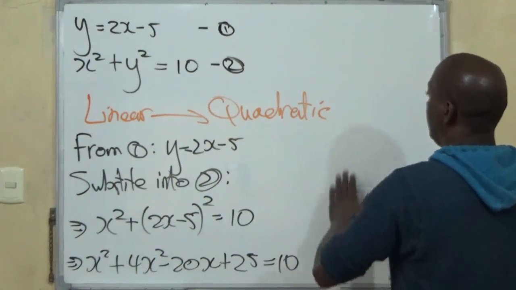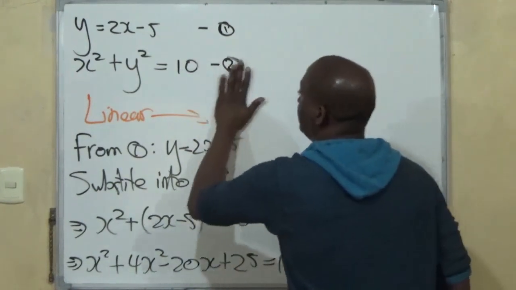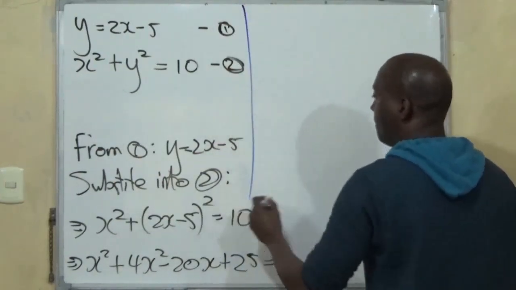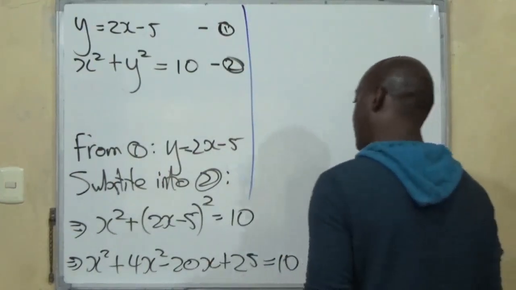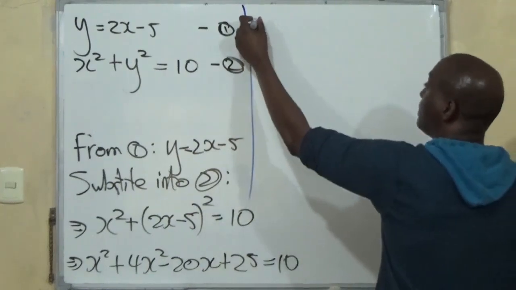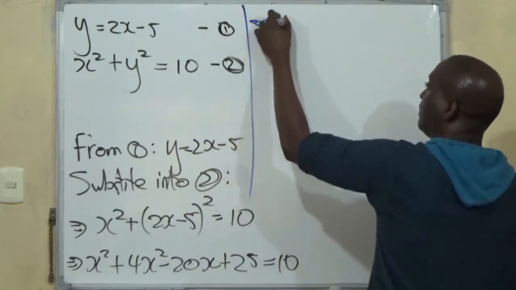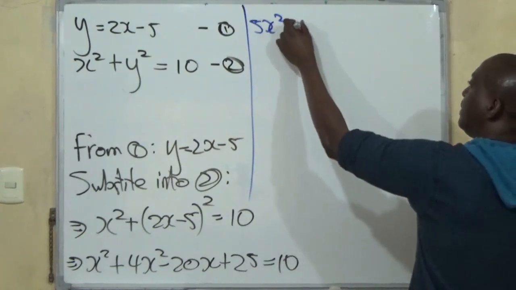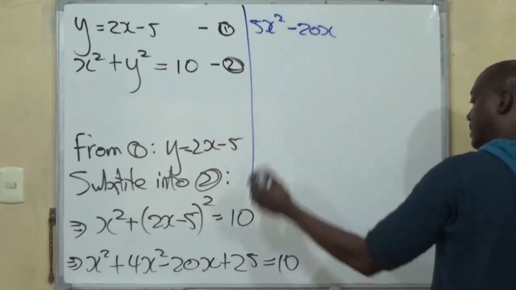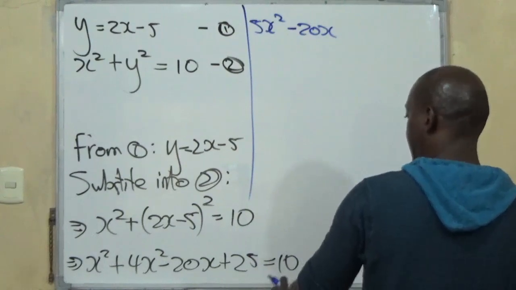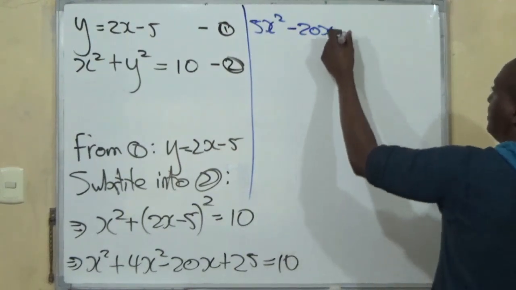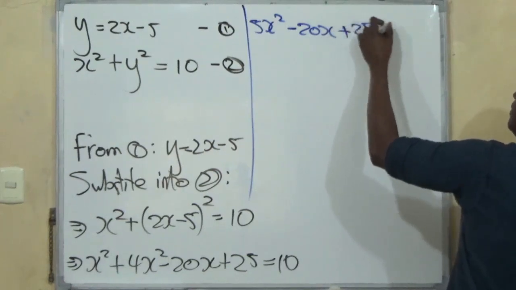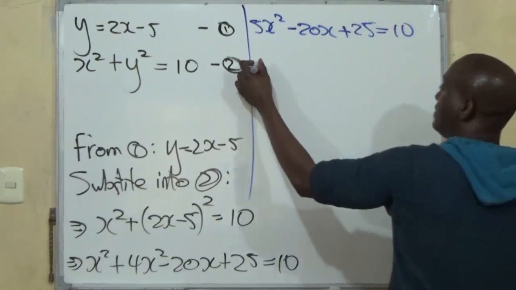Let me see. We can rub this off and steal some space on this side of the board. So we're saying x squared plus 4x squared is 5x squared. So that'll be 5x squared minus 20x plus 25 minus 10 is equal to 15, sorry, not 50.